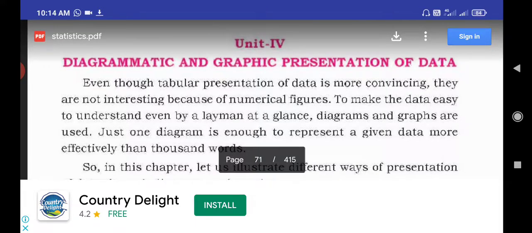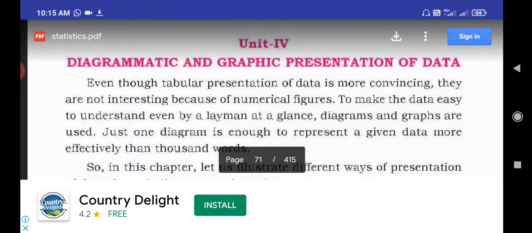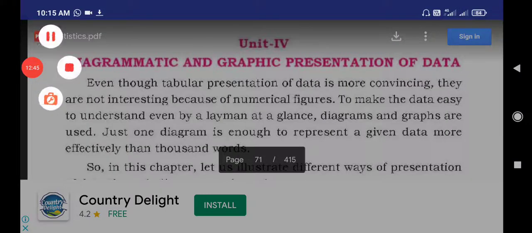They are easy to understand, easy to attract attention, and very easy to remember also. That is the intention. Diagrams and graphs are more interesting when compared to tabulation, classification or collecting data. Okay students, this is the information about diagrammatic and graphical presentation of data.